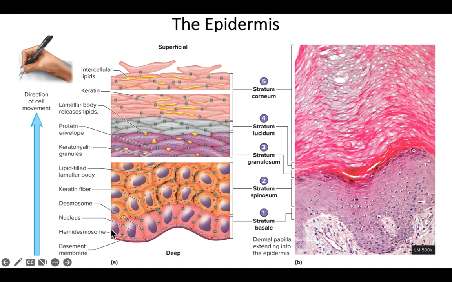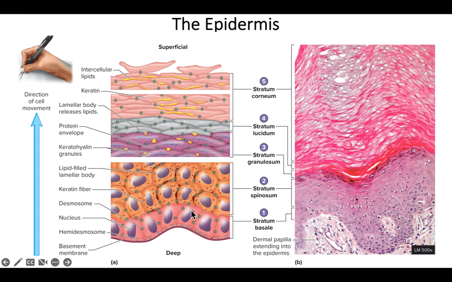So stratum basale, notice that they are going to be the closest layer to the dermis. The dermis is down here, and the dermis is where you're going to have blood vessels. Recall that the epidermis is epithelial tissue, which is avascular. So these cells will be close to the bloodstream. They're going to be able to get nutrients, they're going to be able to get oxygen, and they're going to be very happy.